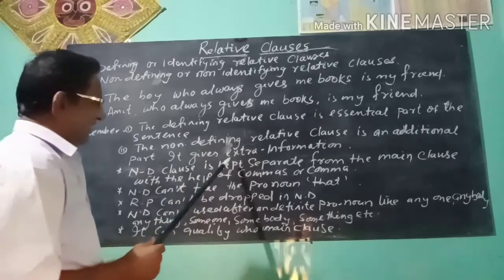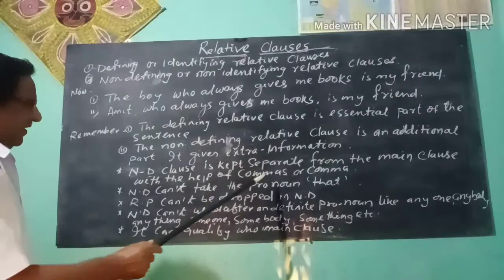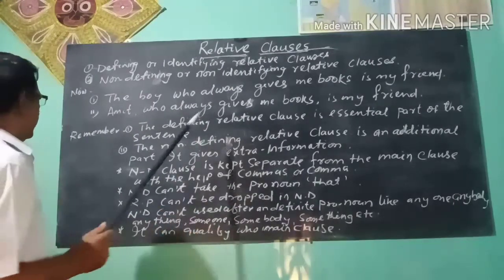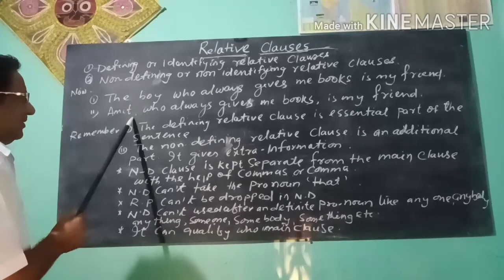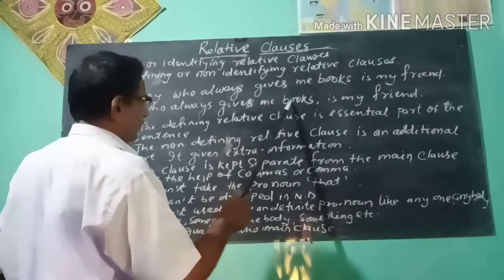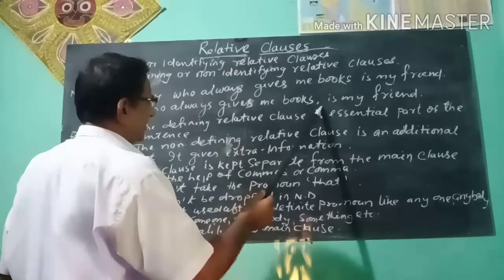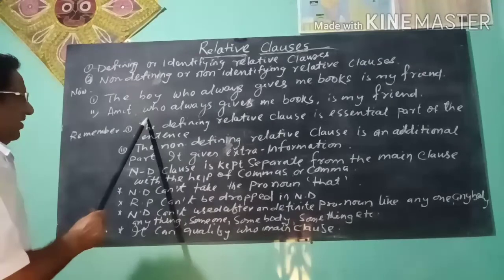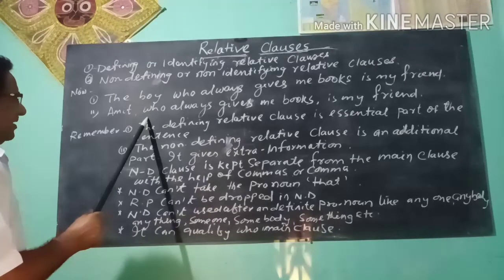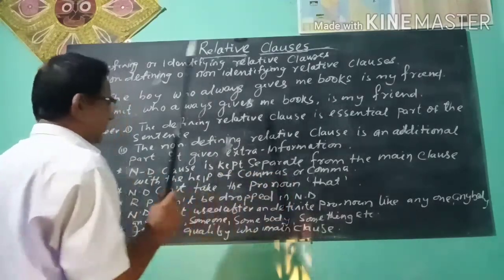A non-defining clause is kept separate from the main clause with the help of commas. You see, Amit, there is a comma, who always gives me books. After the relative clause is also a comma. So the relative clause is separated from the main clause with two commas.